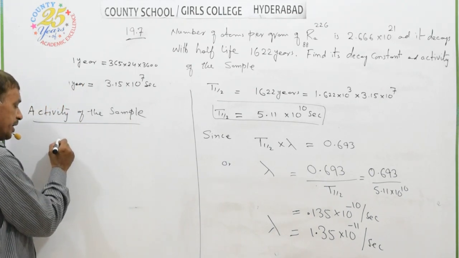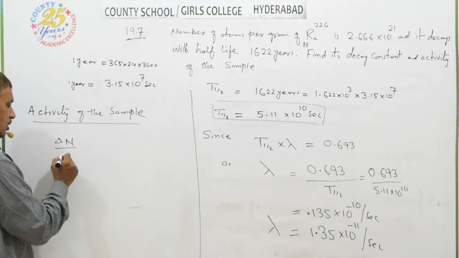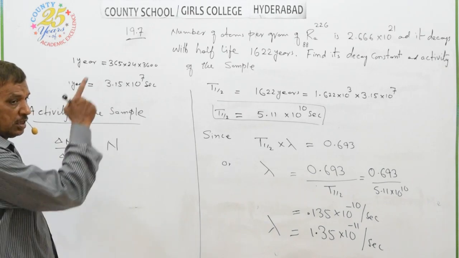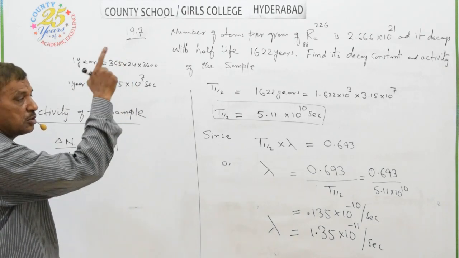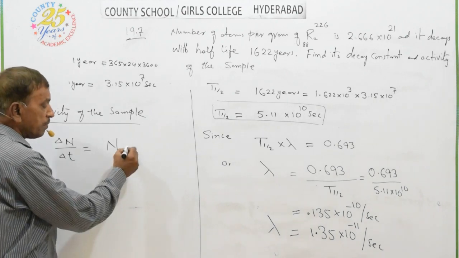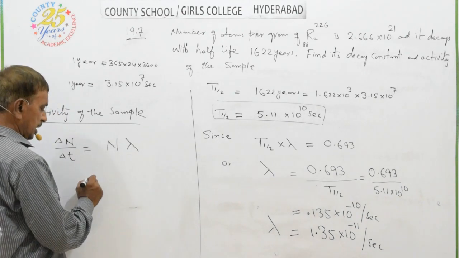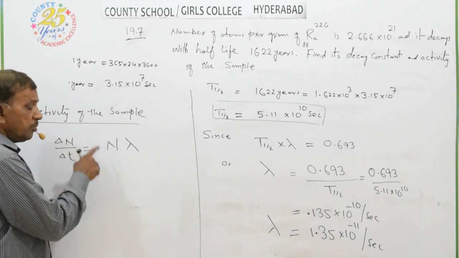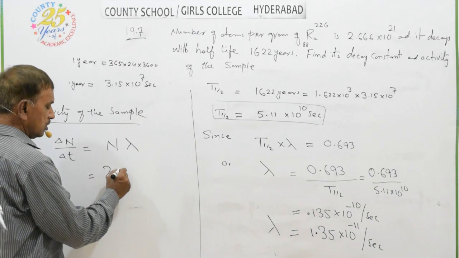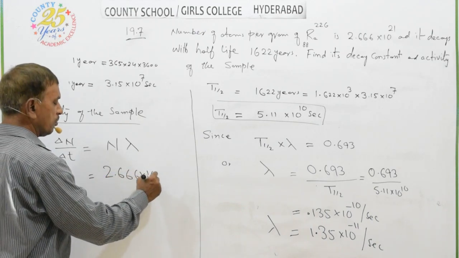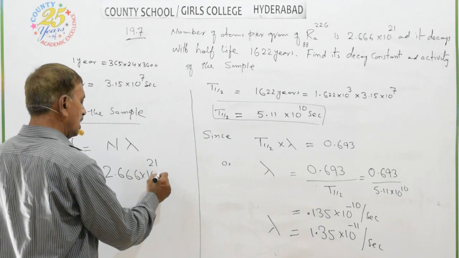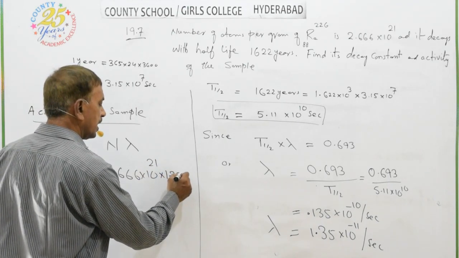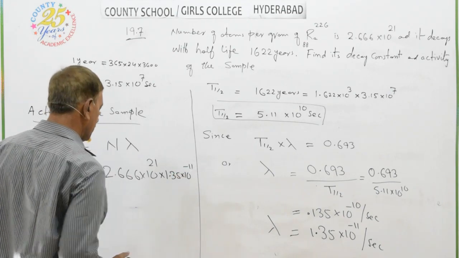This is again the rate of decay, delta N upon delta t, that is equal to N, the total number of nuclei as given, 2.666 into 10 raised to power 21, multiplied by the decay constant of radium, 1.35 into 10 raised to power minus 11.